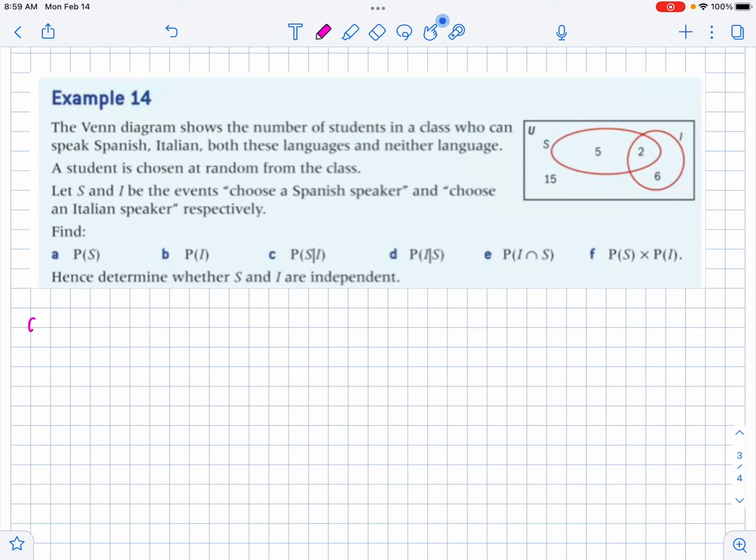Probability of S. Well, if you look at that, the probability of S is 7 things out of a total of 28. So this is 5 plus 2 over 15 plus 5 plus 2 plus 6, which is 7 out of 28, which is 1 out of 4.